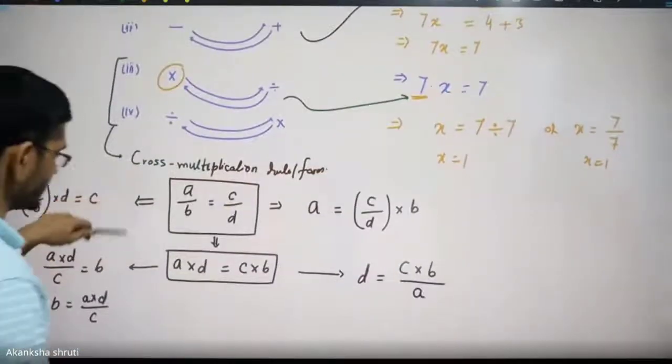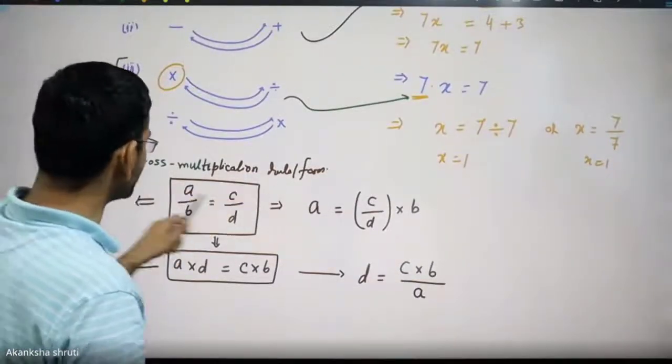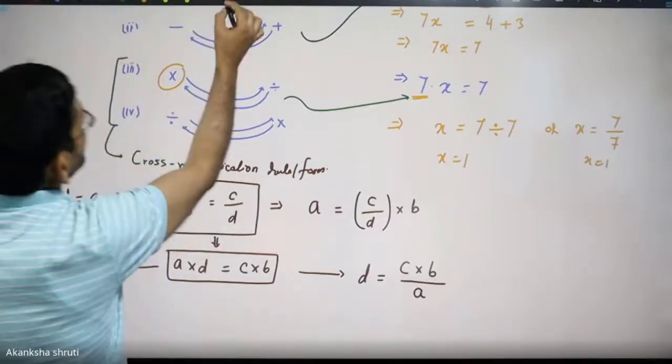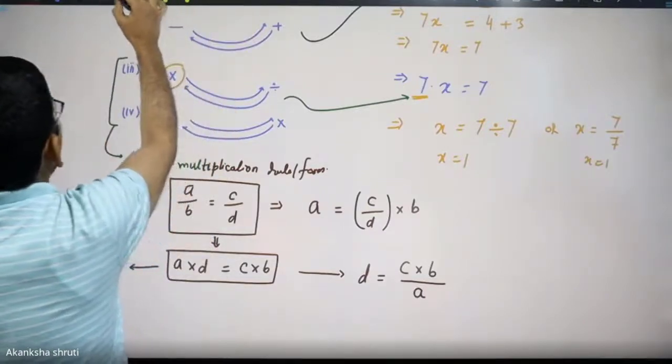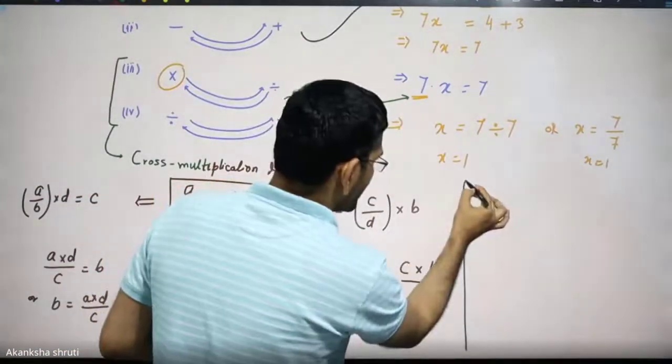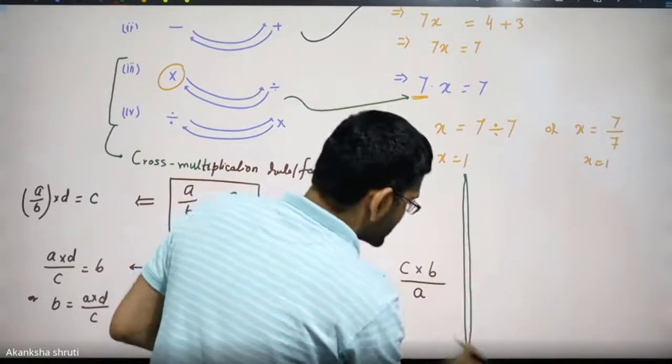The same thing is expressed in terms of cross multiplication form. We have two ratios, then we can write in this form. Student, a few more things that we need to keep in mind, and that I had already explained in our previous chapter.